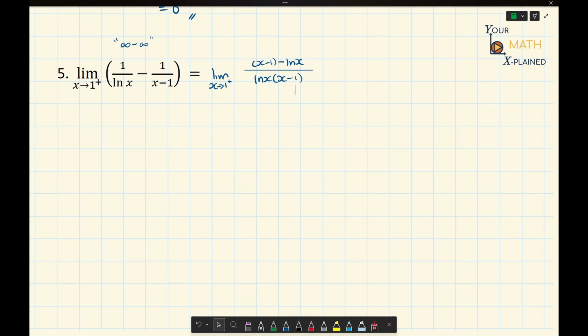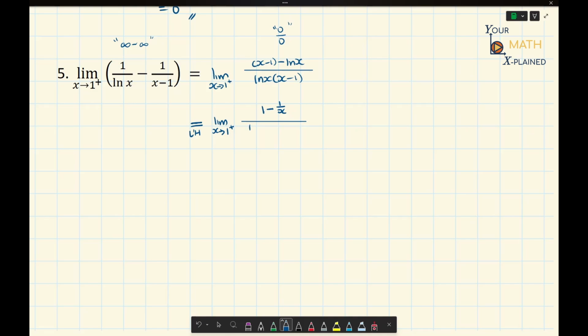And then just to check, if we try to substitute in 1, right now this is in the form of 0 over 0. This means we can now go ahead and take L'Hopital's rule, and we get limit as x approaches 1 from the right-hand side of the derivative of the numerator is going to be 1 minus 1 over x, and then the derivative of the denominator, we're going to have to use a product rule here.